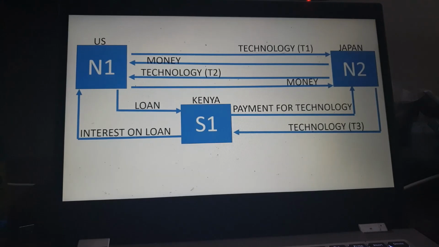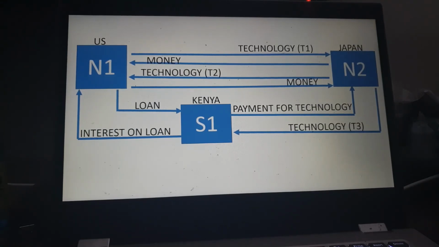You guessed it right. Kenya is a dollar sink economy. It must pay for the loan that it took to buy the technology. Therefore, that technology may be working, the technology from Japan is being used in Kenya, but to benefit the people in America. That is the political economics of it.